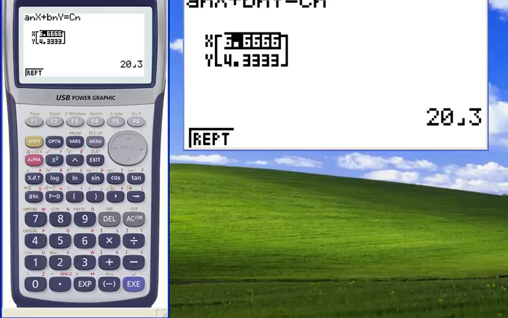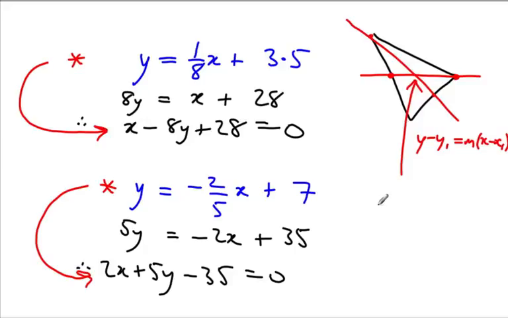Now let's just drop this down and go back to here. If this point is 6 2/3, 4 1/3, our calculator has told us, and it's very important that we keep the fractions and don't use decimals, because what's part B of the question?